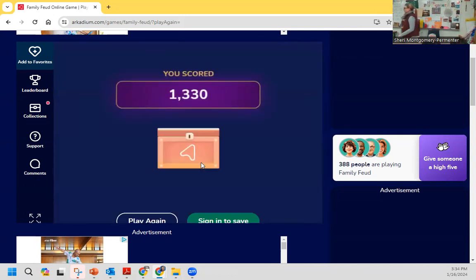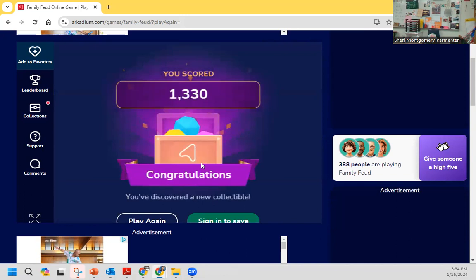Still didn't beat the original record, which was like 1700 something. I think it's 1770 something. Pretty good start. They didn't play birthday today. We didn't have enough time. Pre-cal had lots to do.